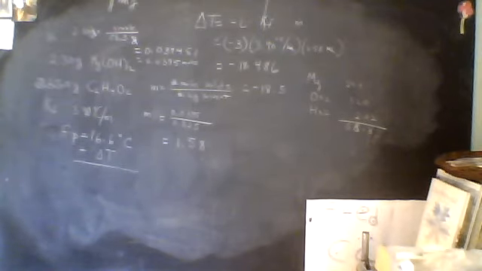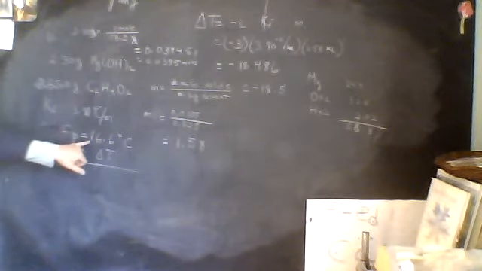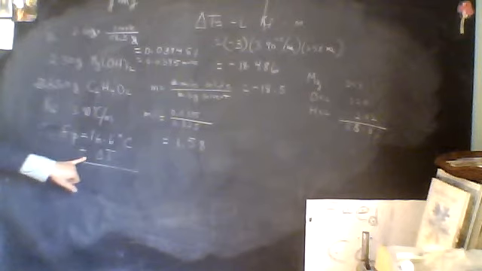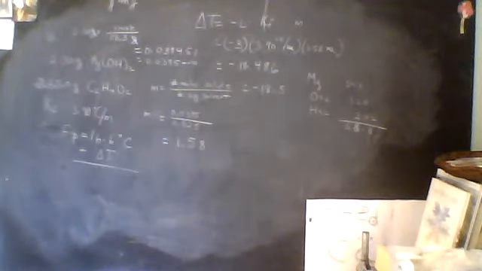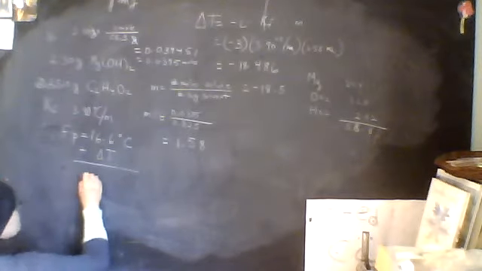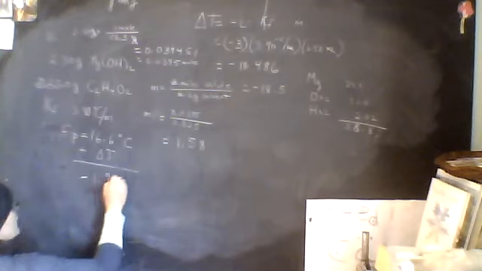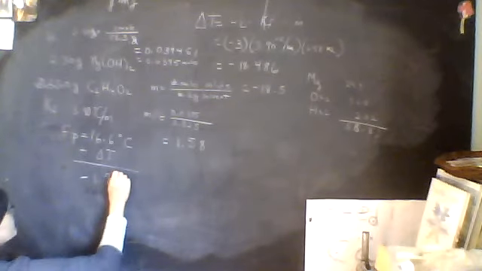So we add the delta T to the freezing point. Negative 1.9. Negative 1.9 what?